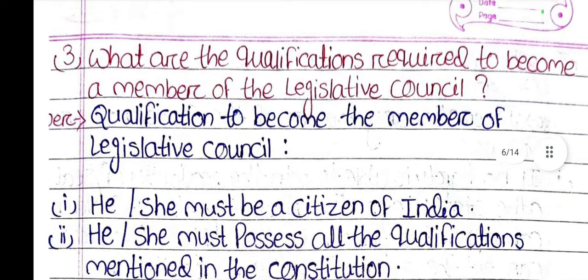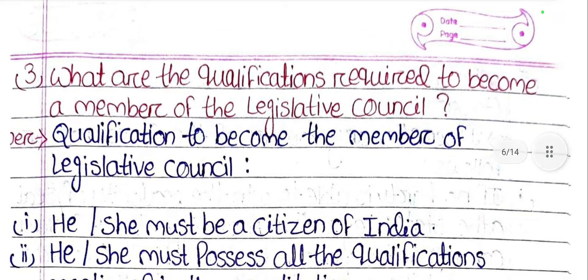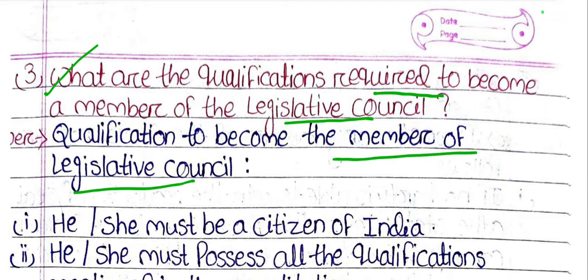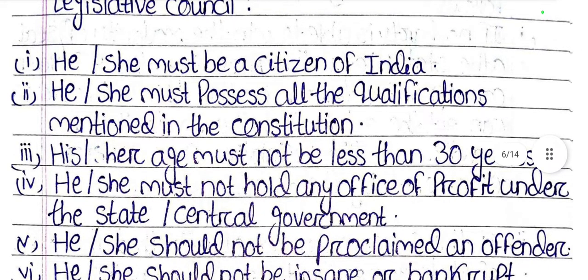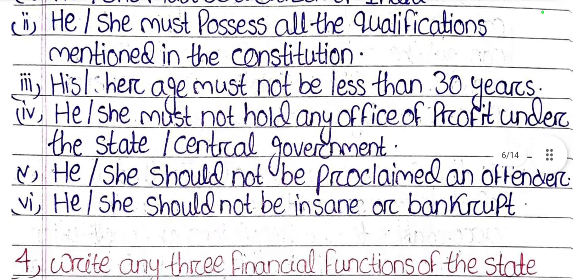So this is your next question. What are the qualifications required to become a member of the Legislative Council? First, he or she must be a citizen of India. Then he or she must possess all the qualifications mentioned in the Constitution.